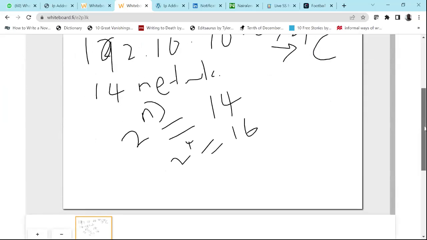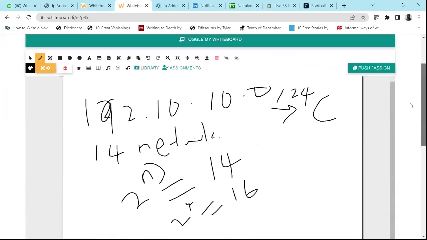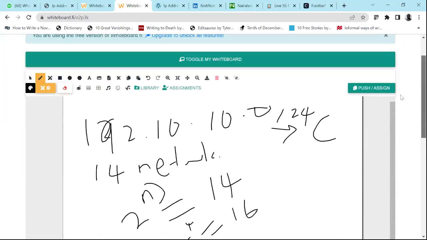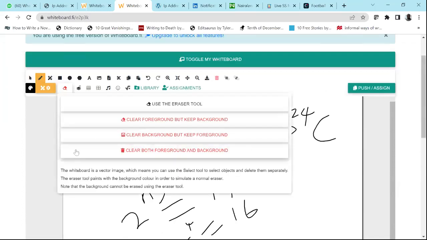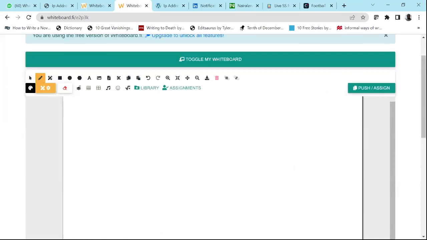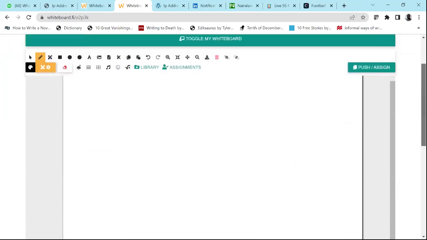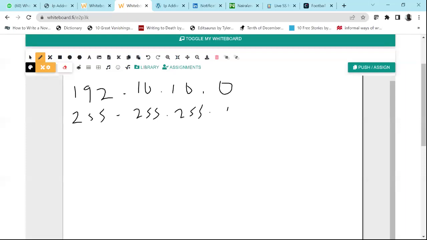All right, let me show you what I mean by borrowing. So we are doing 192.10.10.0, and the default subnet is 255.255.255.0.